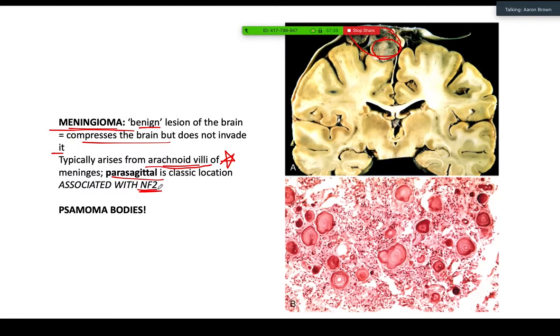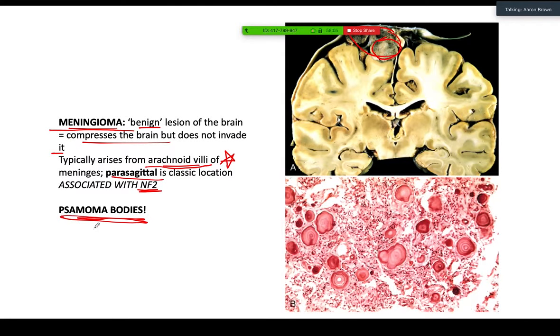In neurofibromatosis type 2, we also see tumors at cranial nerve 7 and 8. Those patients have a lot of gait problems and hearing problems because of those schwannomas around cranial nerve 7 and cranial nerve 8.